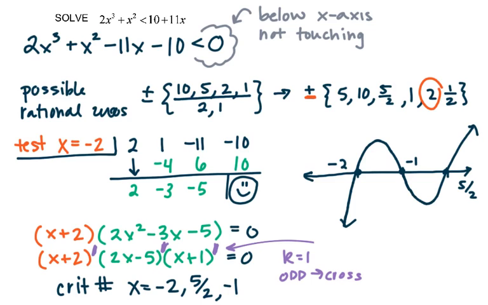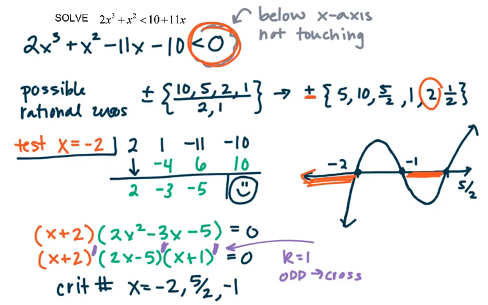So if we go back to the very top and we think, well, where is this less than 0? We are below the x-axis, to the left of -2, and also between -1 and 5/2.